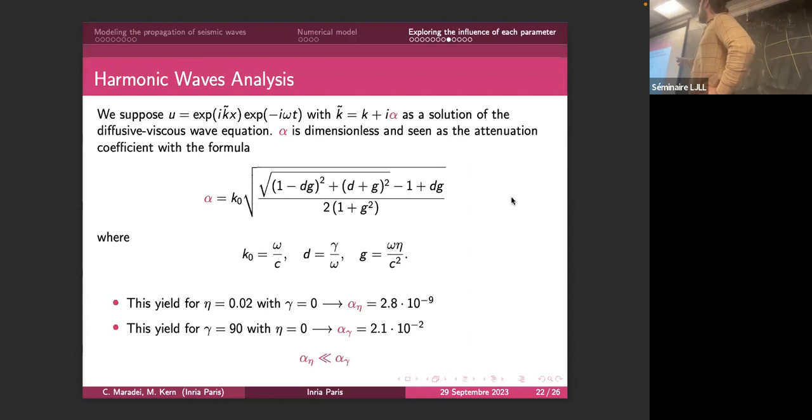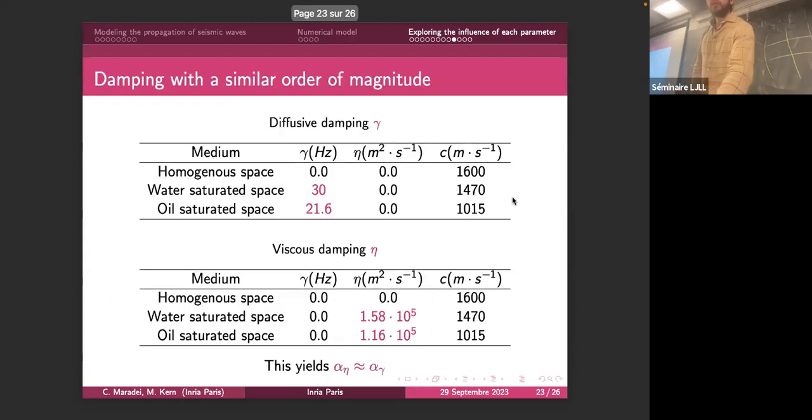Once we've done this, we can compare the values and we see that there is a large difference in magnitude. That really explains why we couldn't see anything, because the magnitude of these coefficients was just too big. After this, we really wanted to have the good parameters, so we came up with new values that respect the order of magnitude.